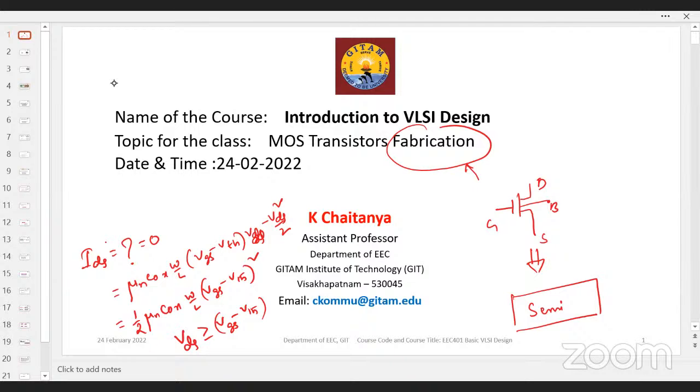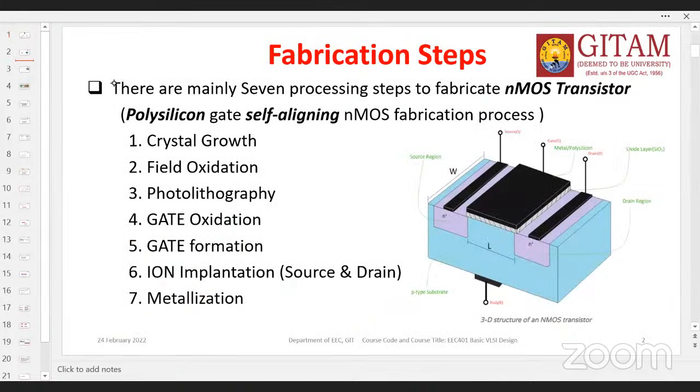In order to do this, what are the different processing steps that we should know? We cannot just make a transistor; we have to follow some kind of steps. These are the essential steps that we have to follow in order to make a single transistor. Of course, it's not necessary to a single transistor; millions of transistors also follow the same process.